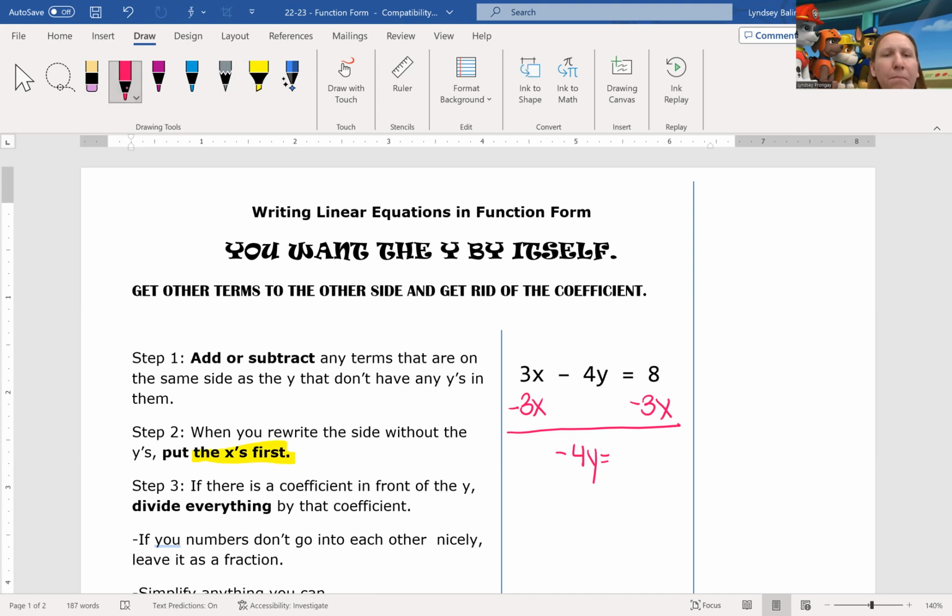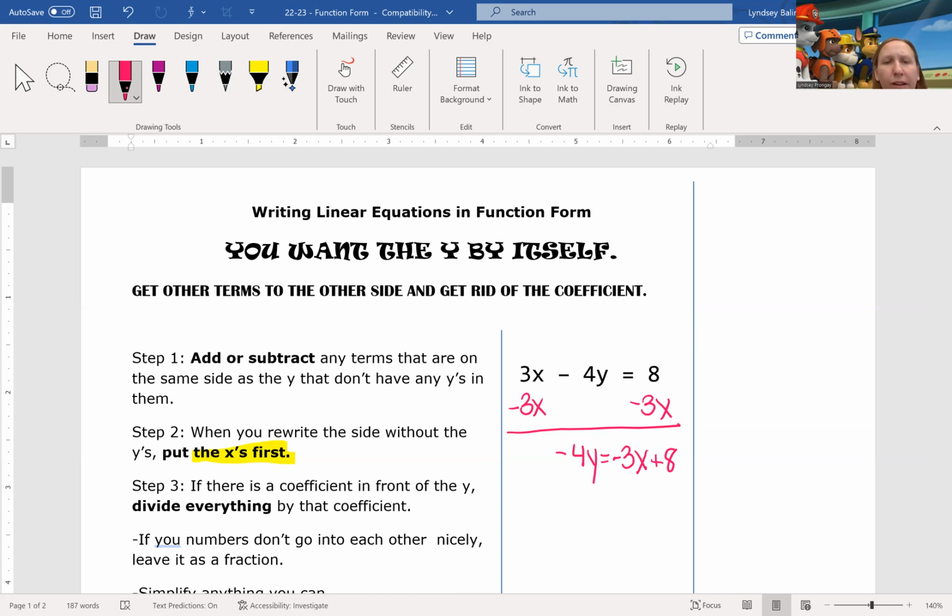So instead of saying 8 minus 3x, we're going to rewrite it with the x's first. So that'd be a 3x, but we do have to include the fact that there's a negative with it. So negative 3x. And if we want to put the 8 second, even though there is no sign in front of it, we know it's a positive 8. That must mean that this is a plus 8.